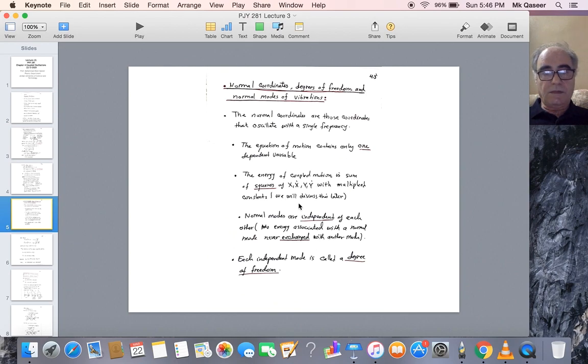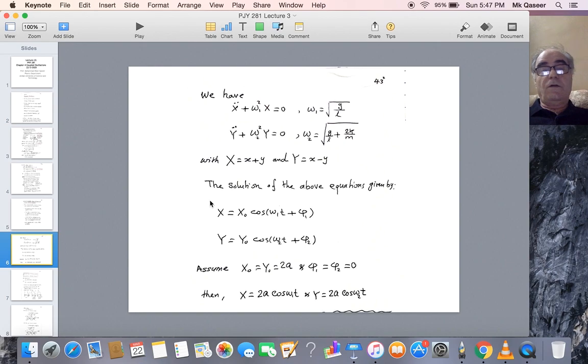We will discuss this later. Normal modes are independent of each other. Energy associated with a normal mode never exchanges with another mode. Each independent mode is called a degree of freedom. For the previous case, we have 2 degrees of freedom.